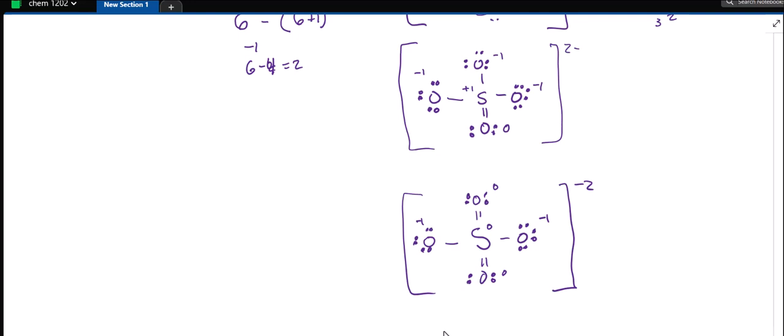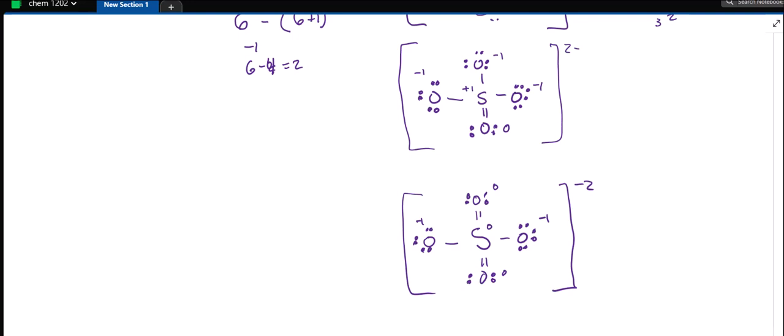So my entire ion has the correct charge, but I've made my formal charges as small as possible, and so that gives us the smallest formal charges.